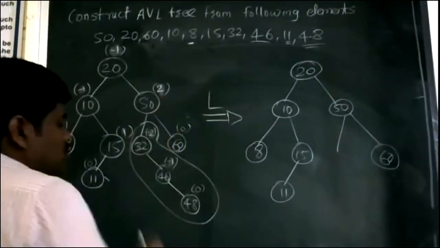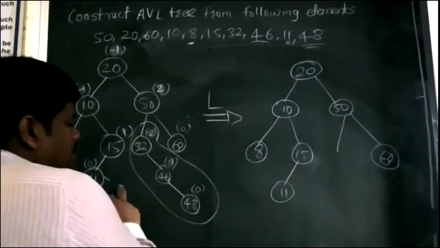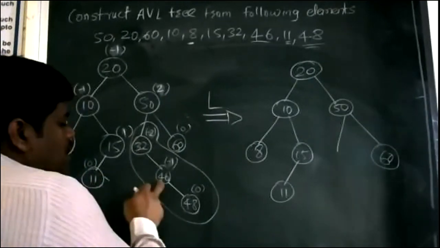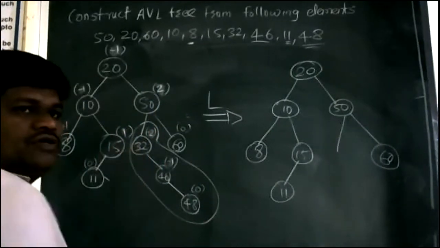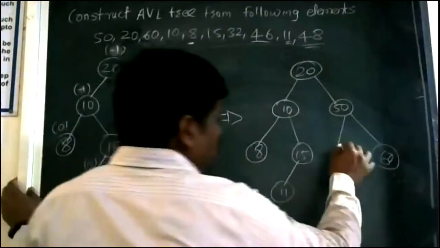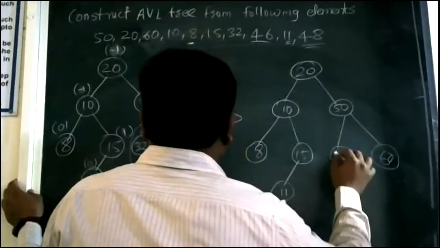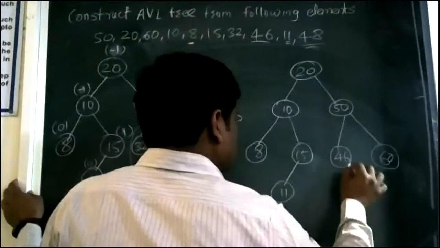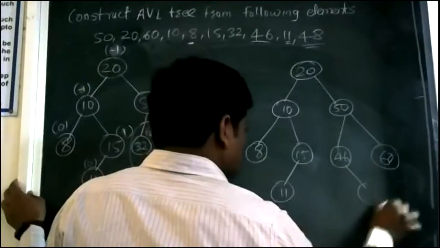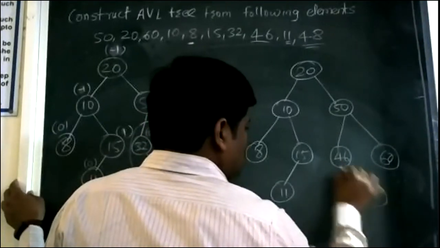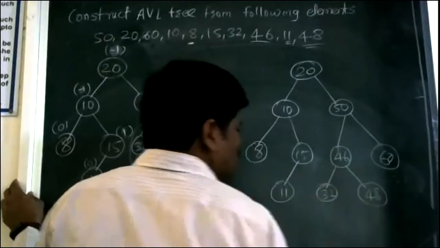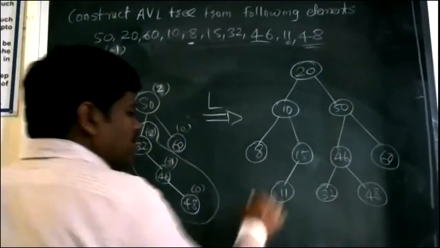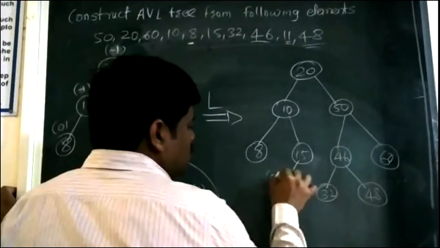Left rotation. So 32 will be at left of 46. So 46 will take ownership of 32. So here 46 will be there, and at this side 48, and here 32.